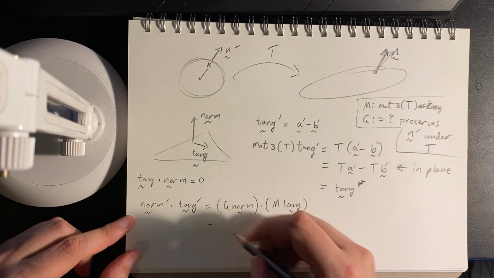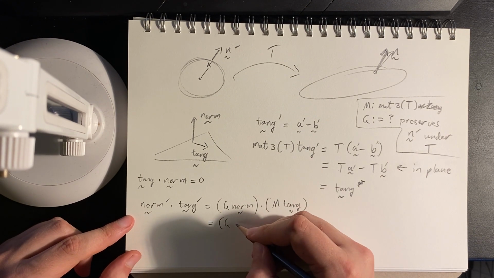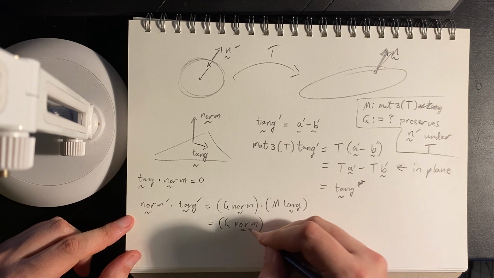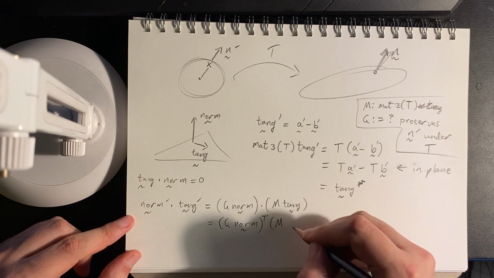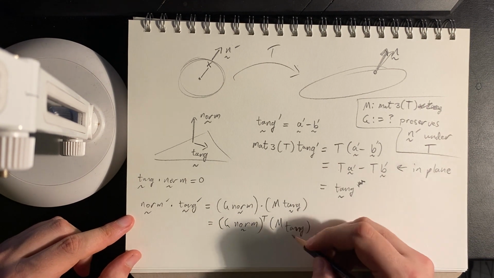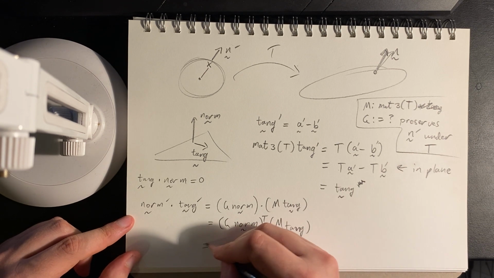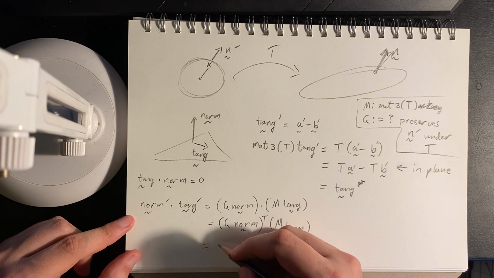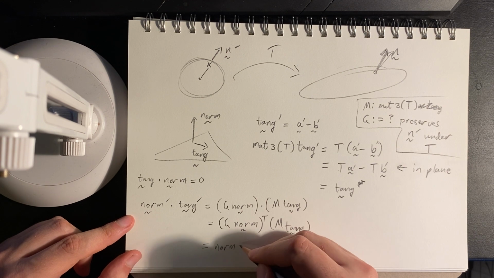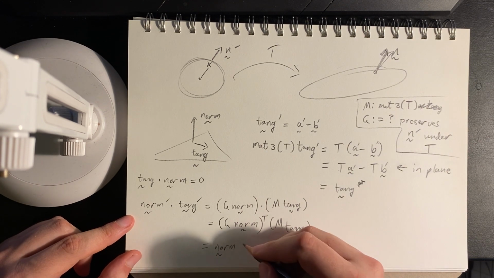And then the dot product is the same as taking the transpose times the original, and then the transpose, when it expands into a bracket, the order of the vectors reverses.